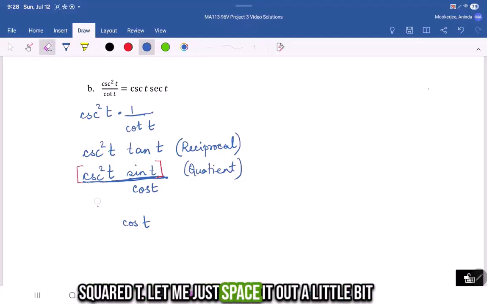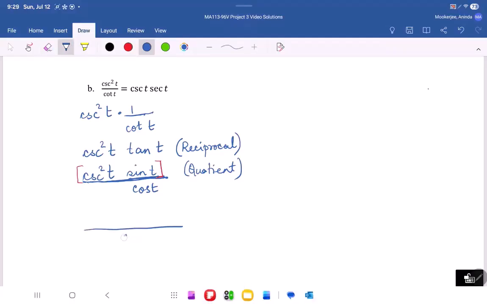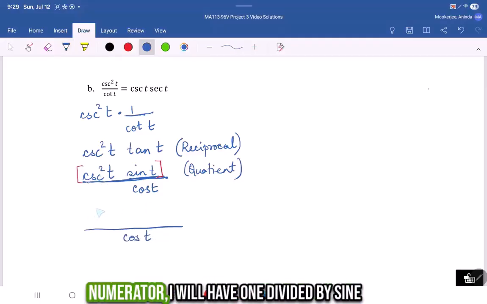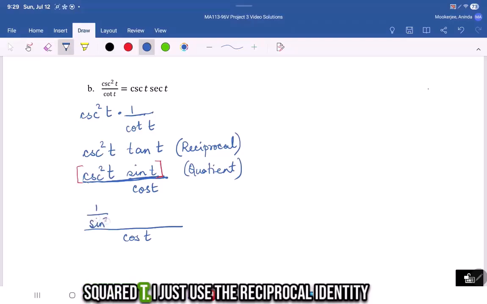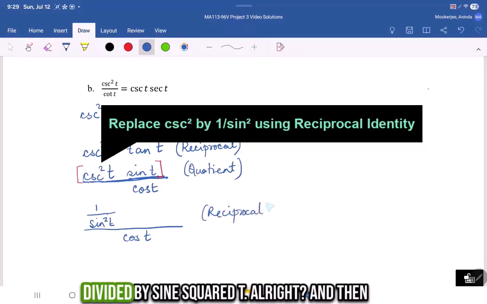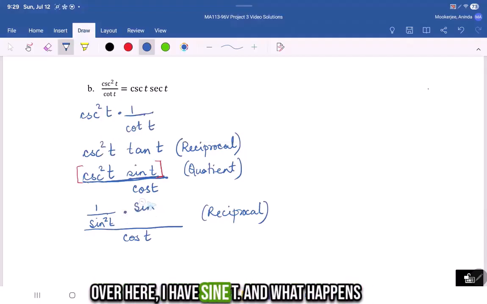Let me just space it out a little bit here. So I have cos t in the denominator. In the numerator I will have 1 divided by sine squared t. I just use the reciprocal identity again to replace cosecant squared with 1 divided by sine squared t. All right, and then over here I have sine t.